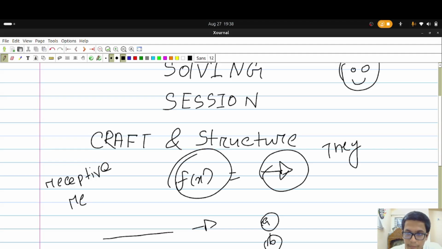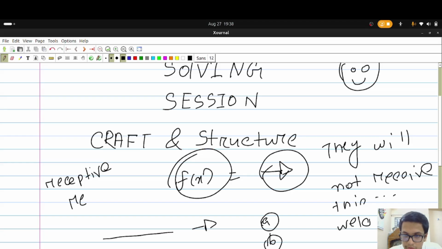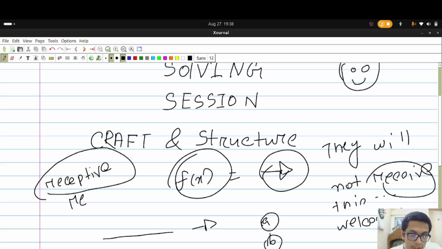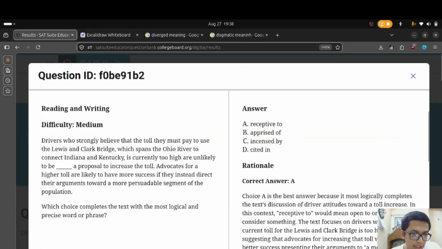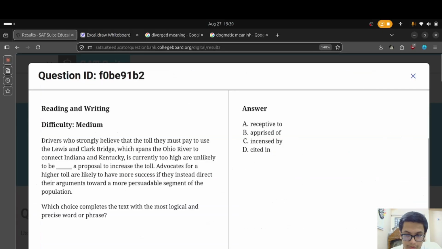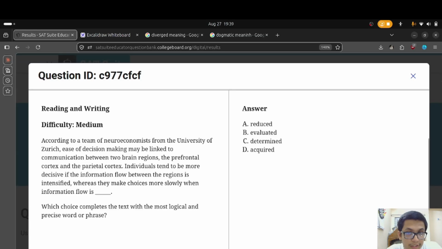Suppose people came, they will not receive this proposal as welcoming. So receive and receptive, or reception, are quite similar. So it should be option A. Yeah, it's correct. The two wrong questions.